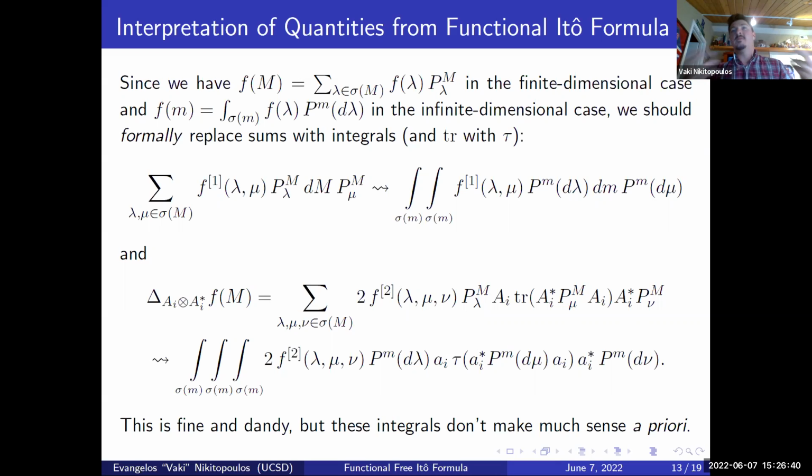Now, this seems fine and dandy, but if you're familiar with projection valued measure theory, you're only allowed to integrate scalar functions against projection valued measures. If you look at this one, for example, this is a scalar function, so we can make sense of the innermost integral.